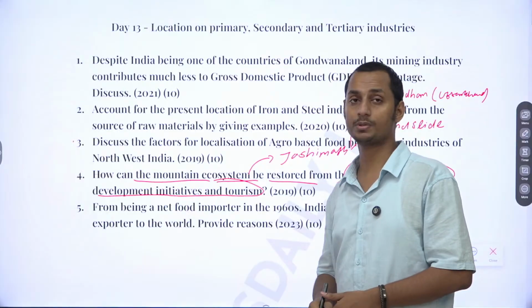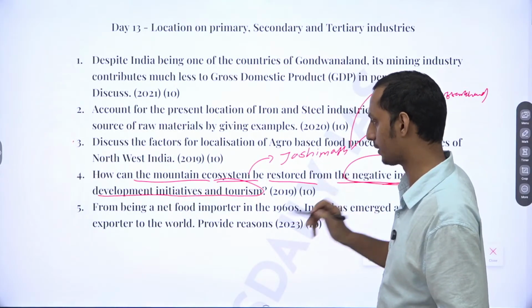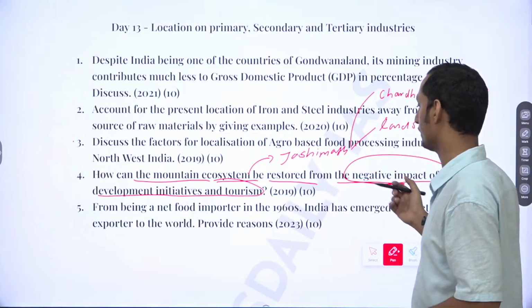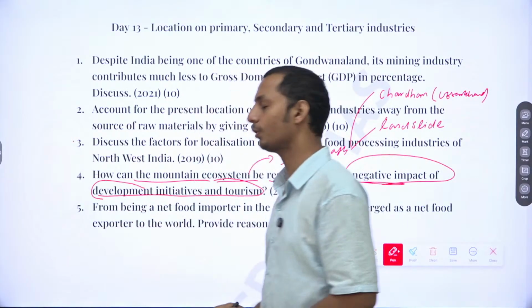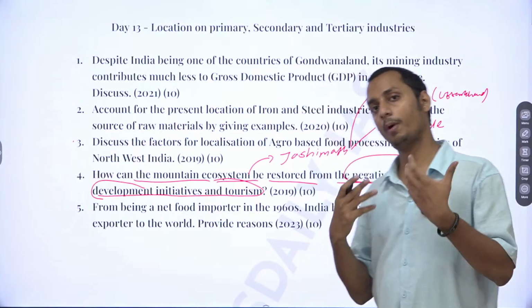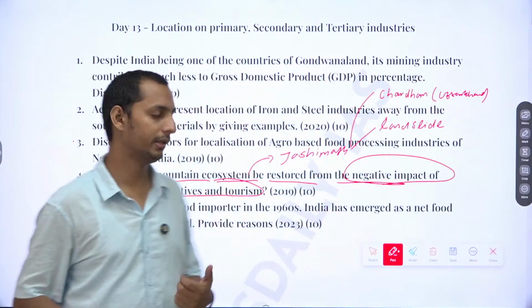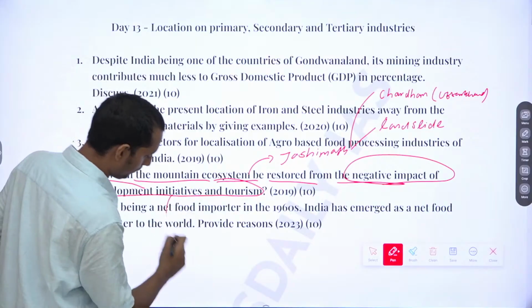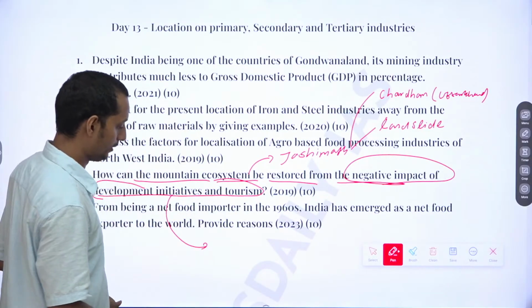in the mountainous ecosystems. Now, first of all, you have to mention what the question is: how can the mountain ecosystem be restored from the negative impact of development initiatives? So what is the first body part? The first body part is not basically how to restore, but how development initiatives such as tourism cause ecological damage to the mountains.